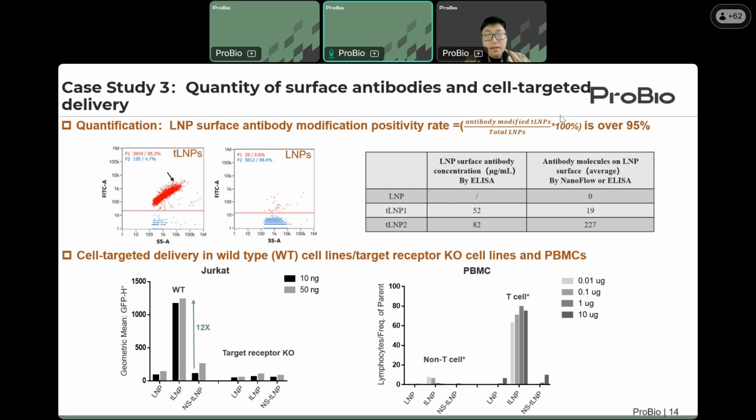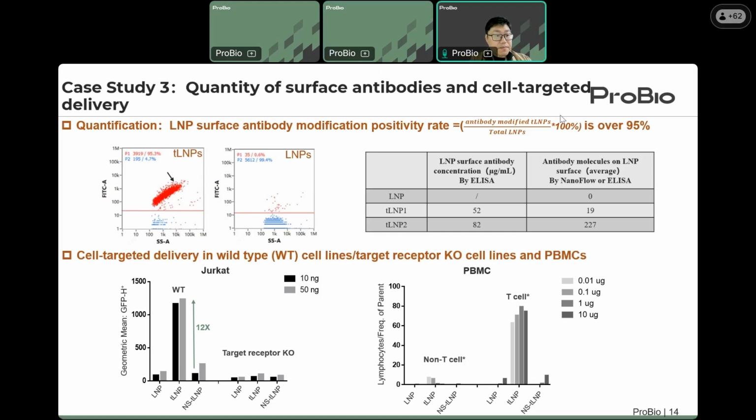Next question: are PBMC for the tLNP test pre-treated for activation before use? Very good question, by the way. Let me double check, I just recently updated this one.